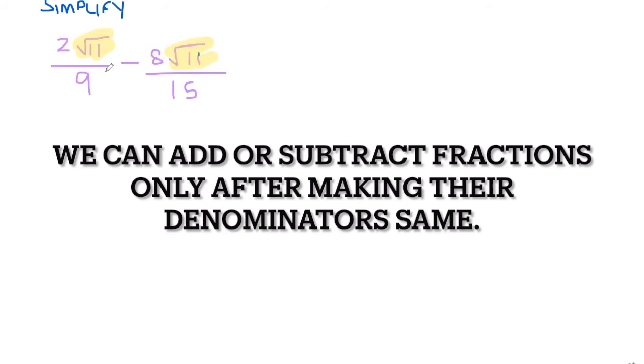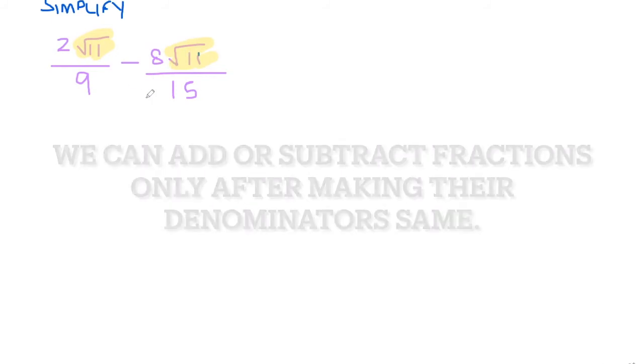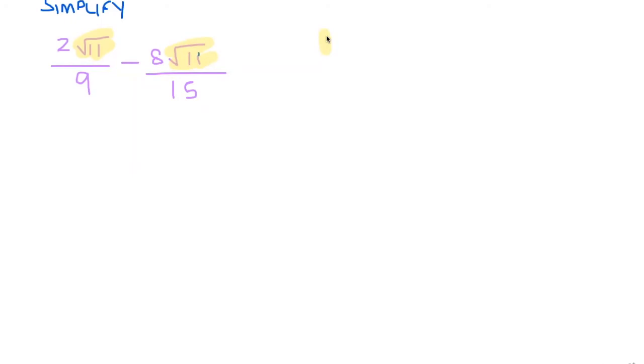But this is a fraction. So before performing addition or subtraction, I will have to make the denominators same. The two denominators are 9 and 15. So I have to think of LCM of 9 and 15, or the common denominator for both the expressions, which can be done like this, the way you have been doing, finding LCM, or if you can visualize and write it, what could be the common denominator, you can do it straight away.